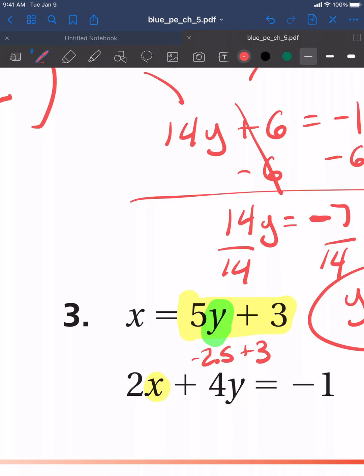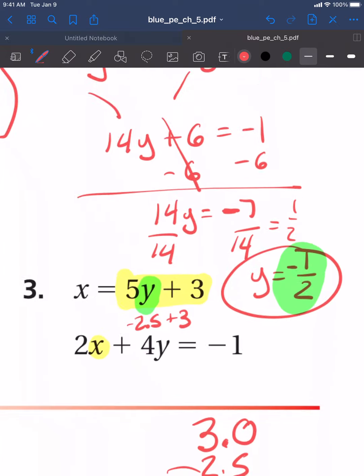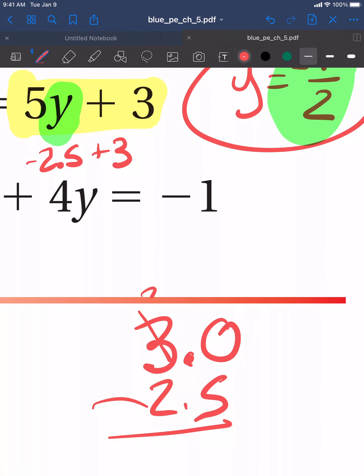Hold on. What is negative 2.5 plus 3? The signs are different, so we subtract.